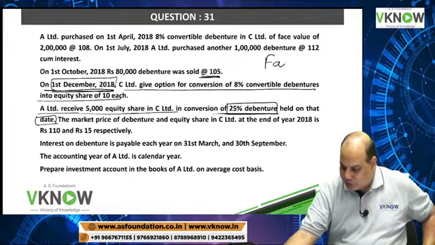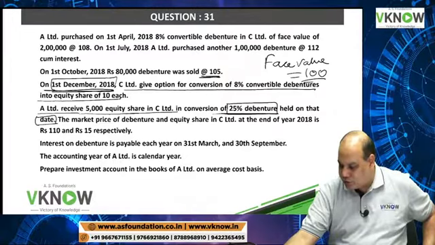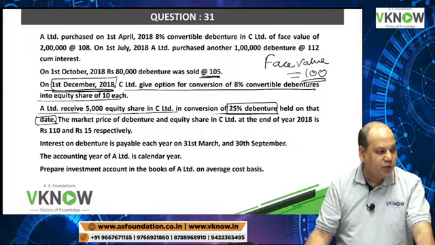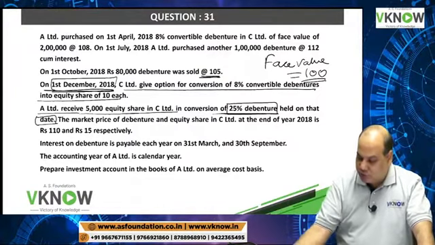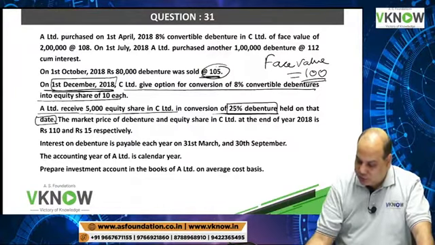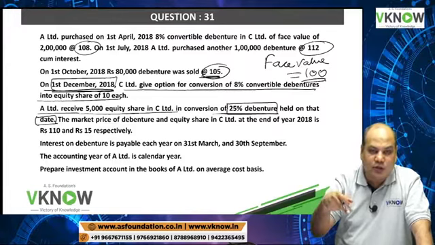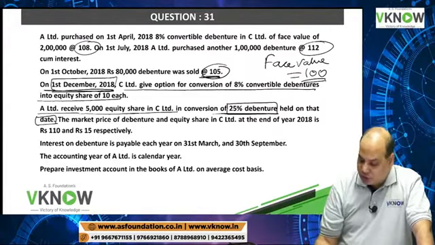Face value is not given. Can we assume 100 rupees? The answer is yes, because the prices given to you are 105, 108, 112. So that is revolving around 100 rupees. So I can assume face value is 100.